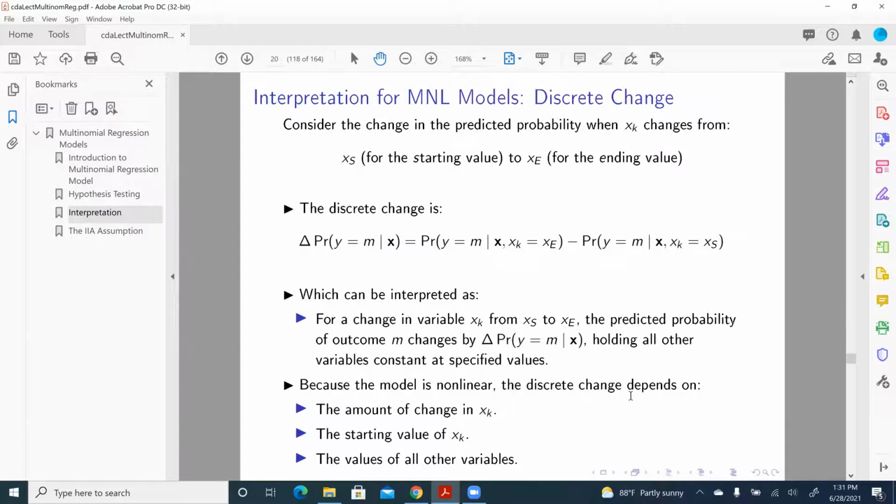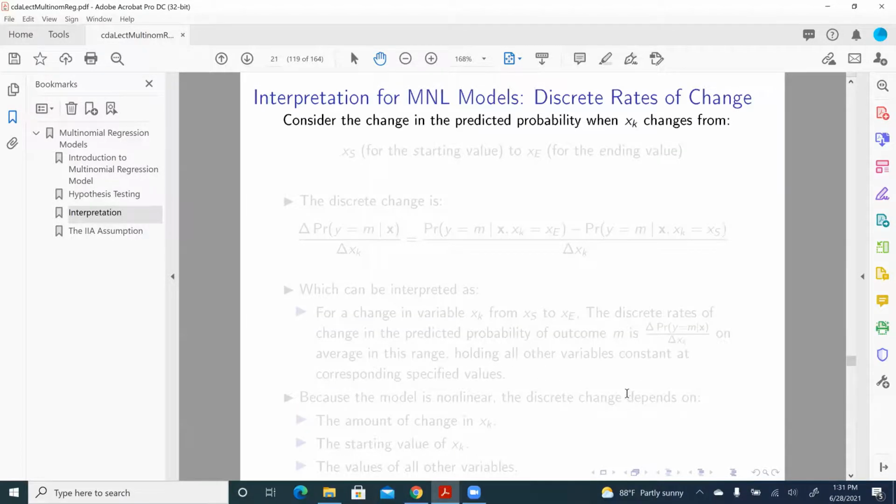Okay. And let me talk about discrete rates of change. Consider the change in the predicted probability when xk, again, changes from x_s, subscript s, to x_e, that is, x ending.